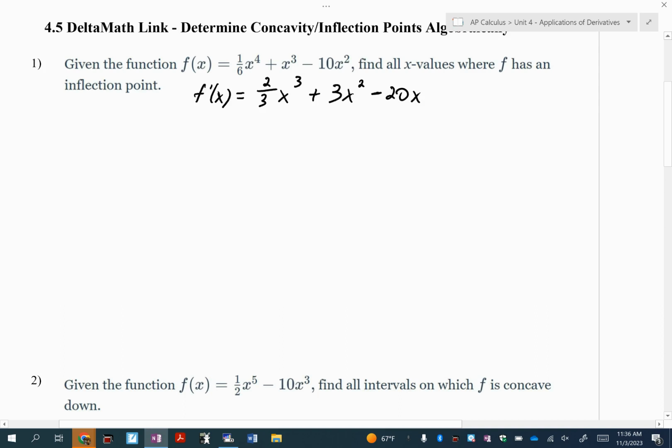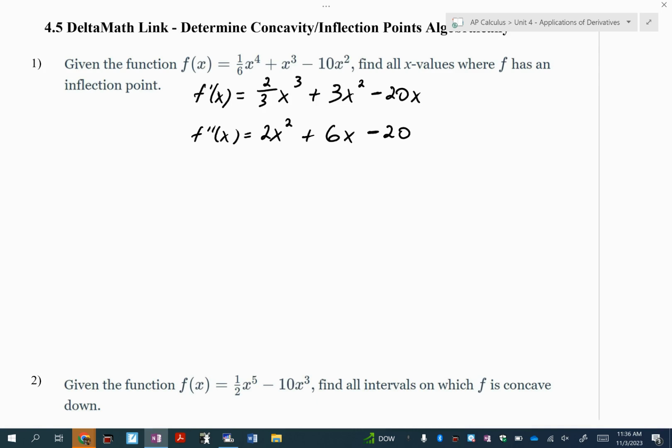No, I need to go to the second derivative. Okay, second derivative. What's the derivative of 2/3 x cubed? 2x squared plus 6x minus 20. All right, so hopefully you notice, I know we're doing another derivative, but nothing's really new here, just taking derivatives.